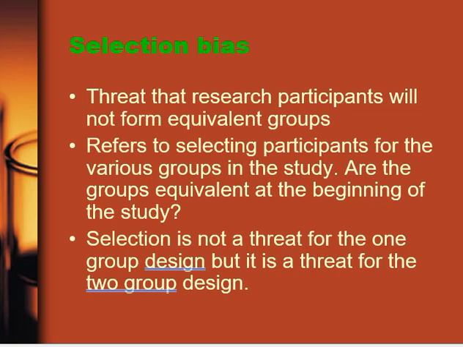This is really a threat if you have a two group design, if you don't do random selection. So the way that we eliminate selection bias is to randomly assign people to the groups.